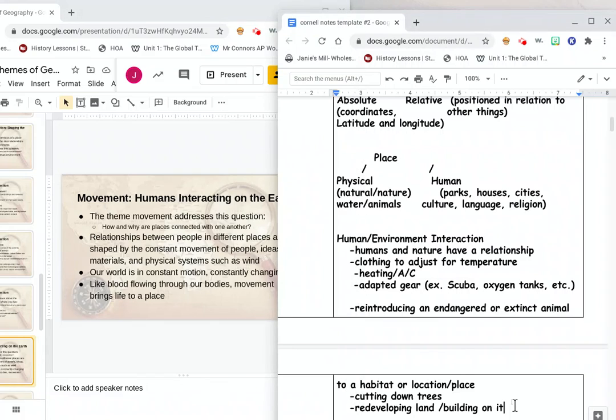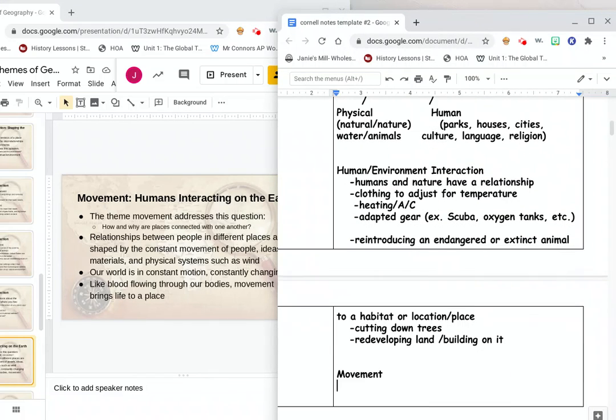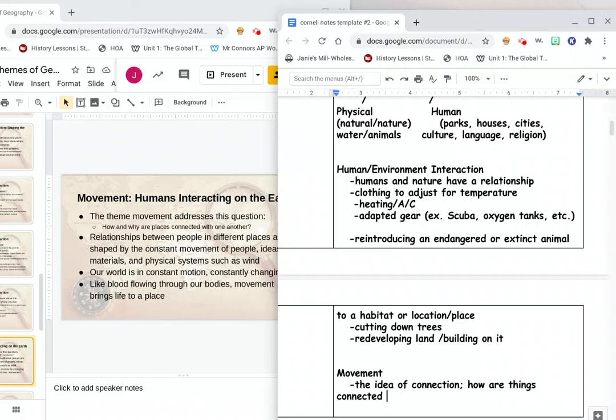The next theme is movement. Movement does not have to be limited to travel. This actually mostly involves the idea of connection. How are things connected to each other?